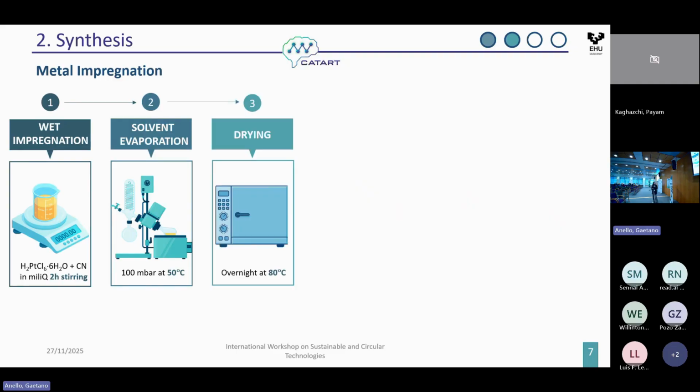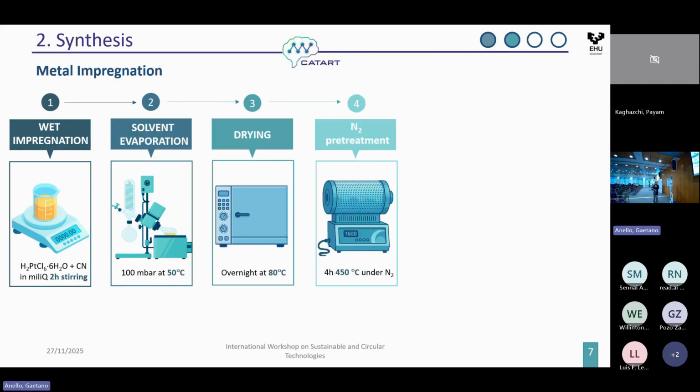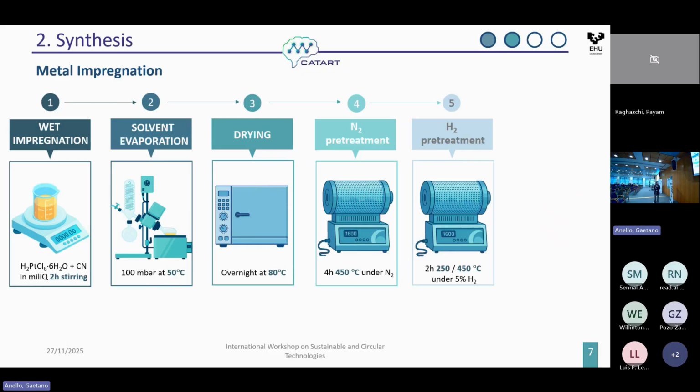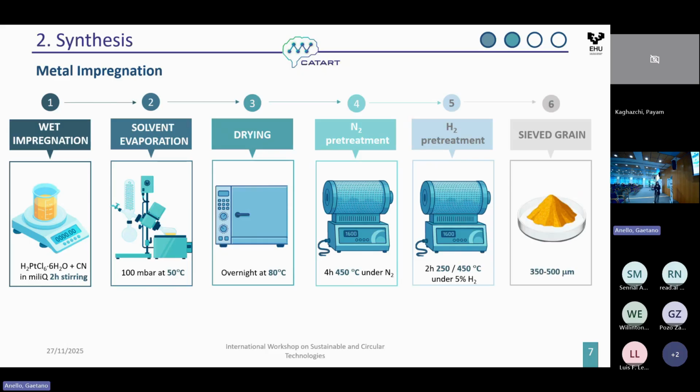We evaporate the solvent, let it dry, and do this nitrogen pretreatment to remove the chloride that could be present on the carbon nitride. And finally, these two different temperature hydrogen pretreatments. Later, we sieve our carbon nitride to be able to test it in our reactor.